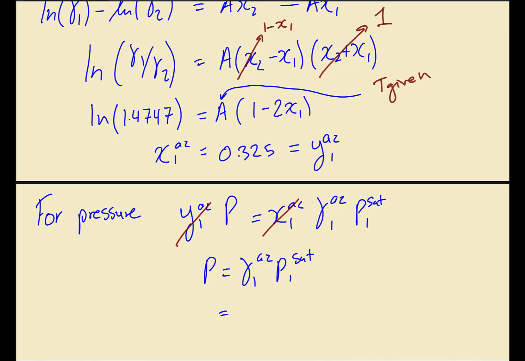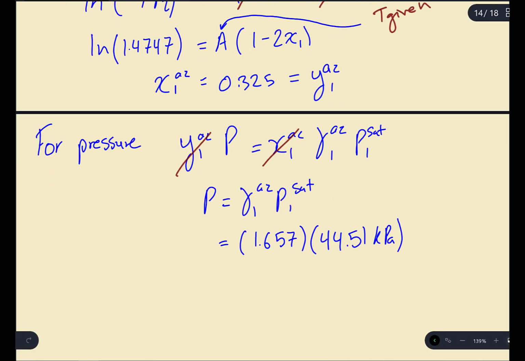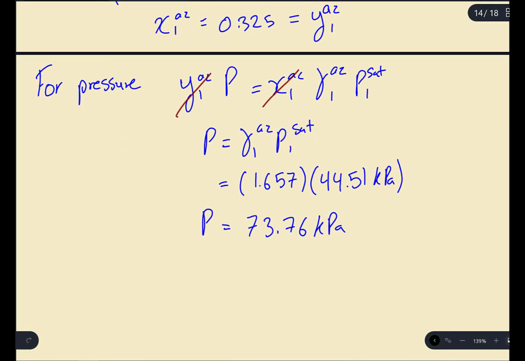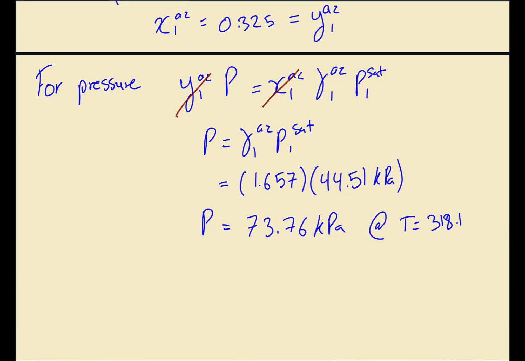We plug it in, and you're going to get 1.657 times p1 sat, which is 44.51 kilopascals. So you get 73.76 kilopascals to be the pressure at the isotrope where the temperature is 318.15 Kelvin.